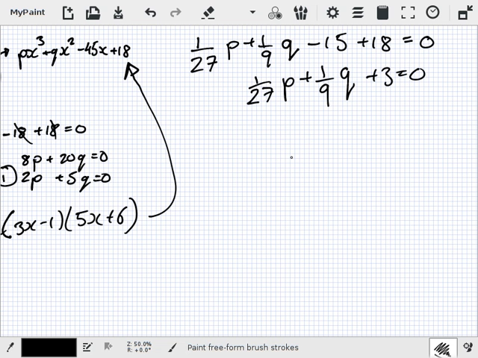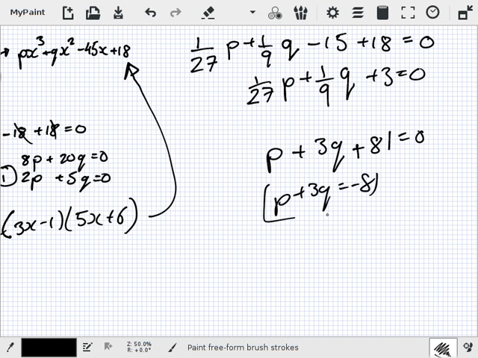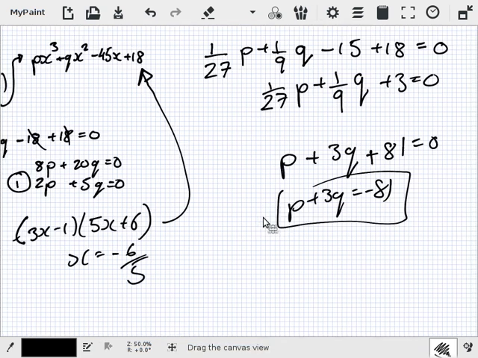I'll multiply by 27. So I get p plus 3q plus 81, 3 times 27 is 81. So I have p plus 3q equals minus 81. That's my first equation. Now, much more painful is minus 6/5. Oh, goodness.